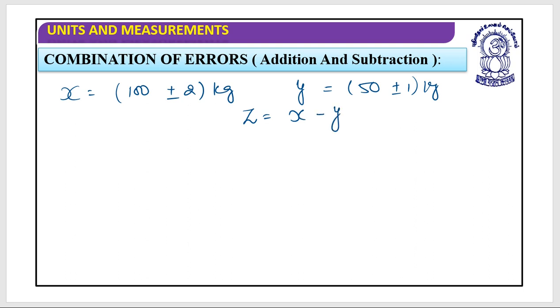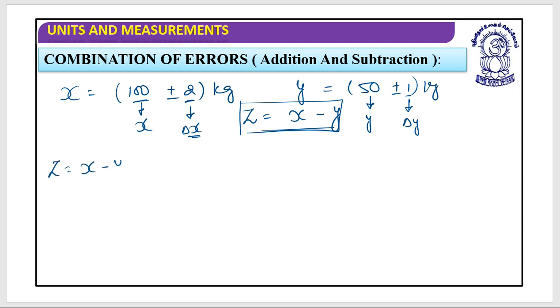Let's mark the true value and error: this is x with error delta x, and this is y with error delta y. The relation given is z equals x minus y, so z is 100 minus 50, which is 50.